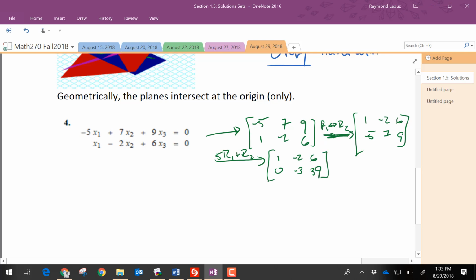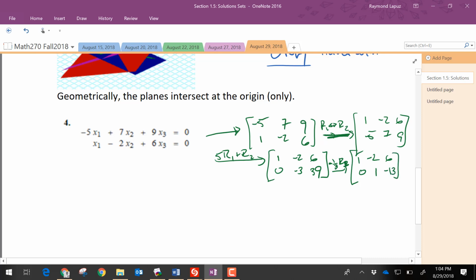Yeah, if we divide it by -3, that gives us more opportunities to use some of our elementary row operations, right? So 1, minus 2, 6, 0, 1, and then -3, -13.